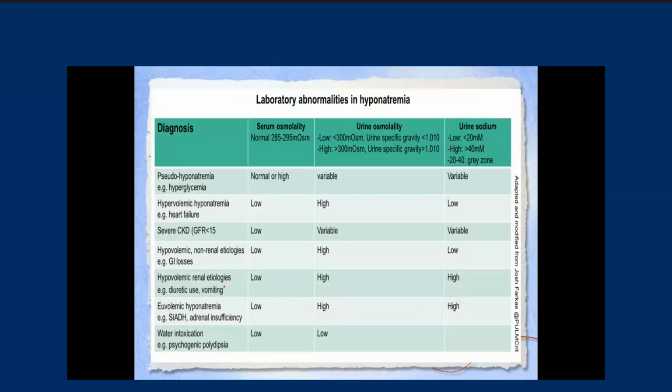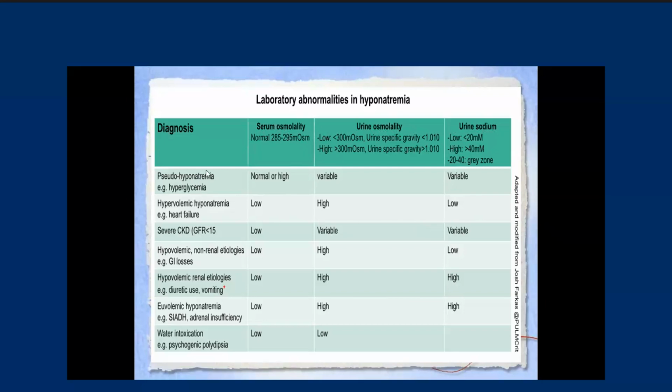So based on the laboratory abnormalities, we can group different types of hyponatremia. Then we can see the serum osmolality, urine osmolality, and urine sodium level.